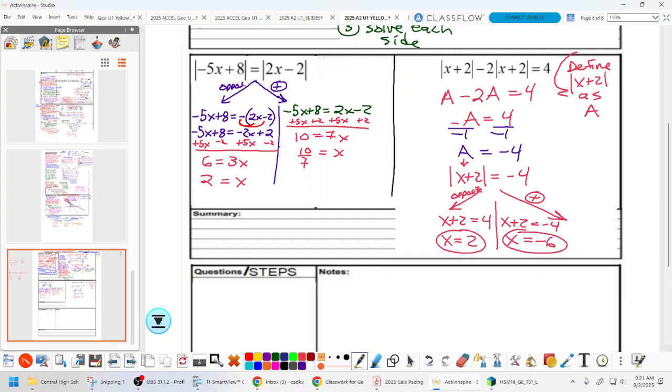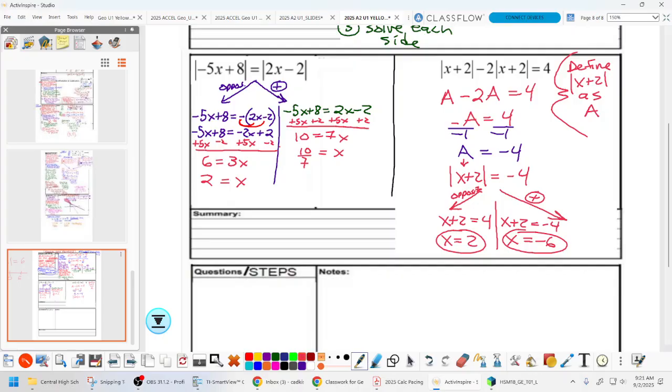So we can do this anytime. Anytime you have a like term or a like radical, like a square root, like absolute value, you can substitute it with a variable to do a little bit of basic algebra and then bring it back in when you're ready after you've simplified. We do that in higher level math.